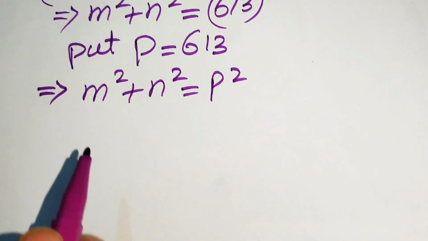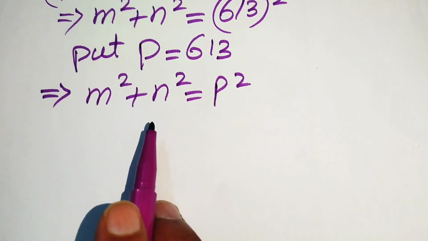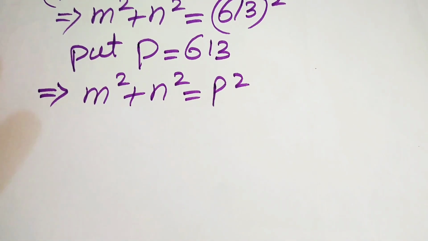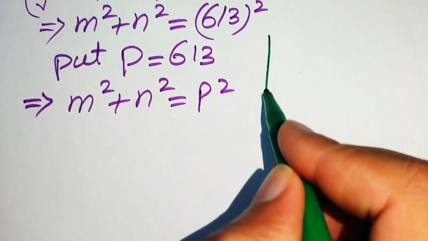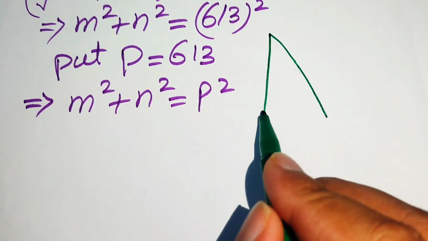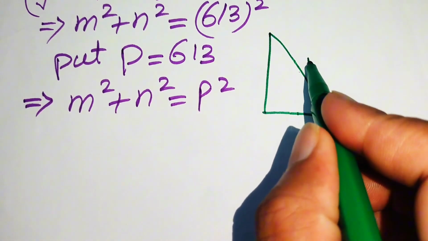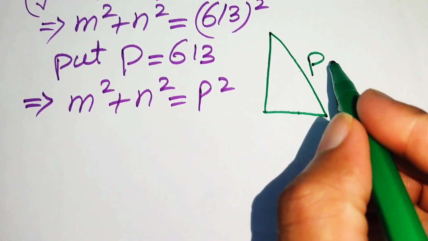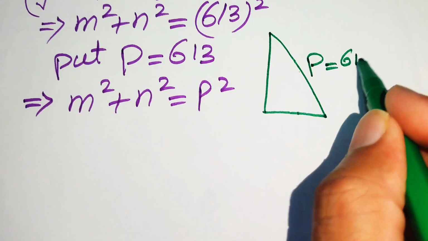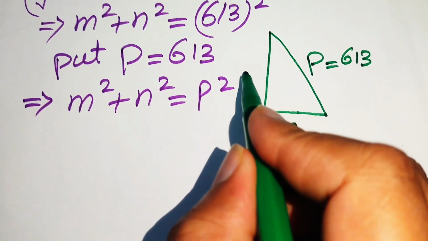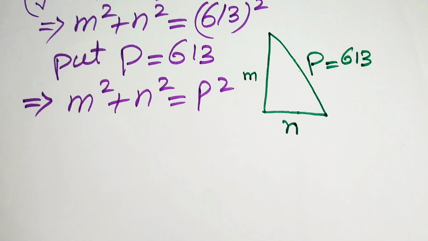Here you focus on this term. This term satisfies our Pythagoras theorem. In the right triangle, this is the side length p, which equals 613, and these are the side lengths m and n.